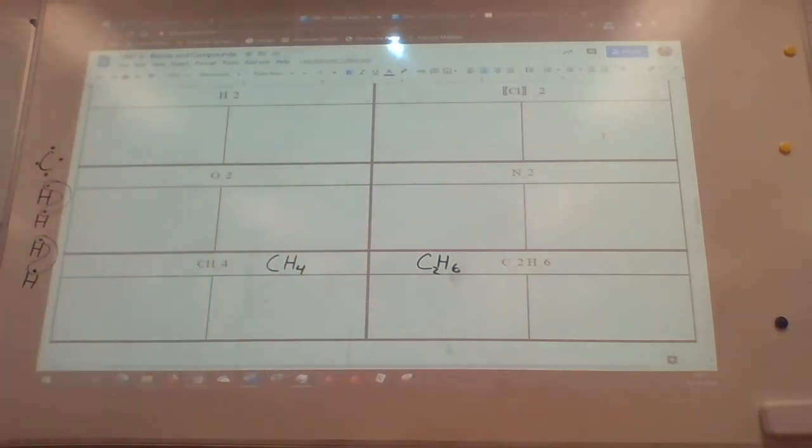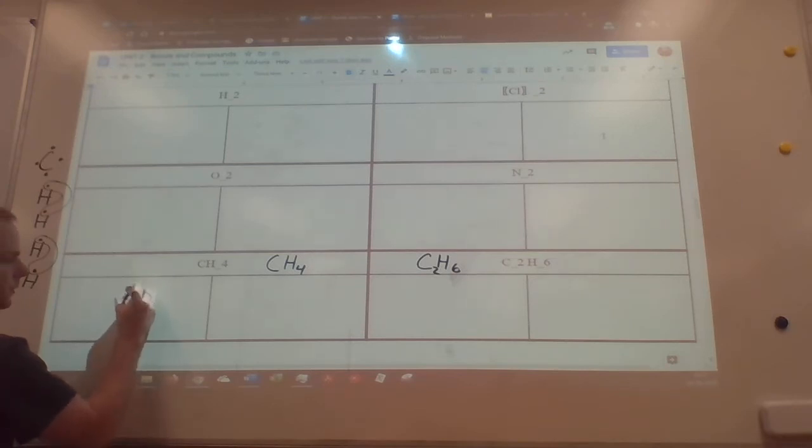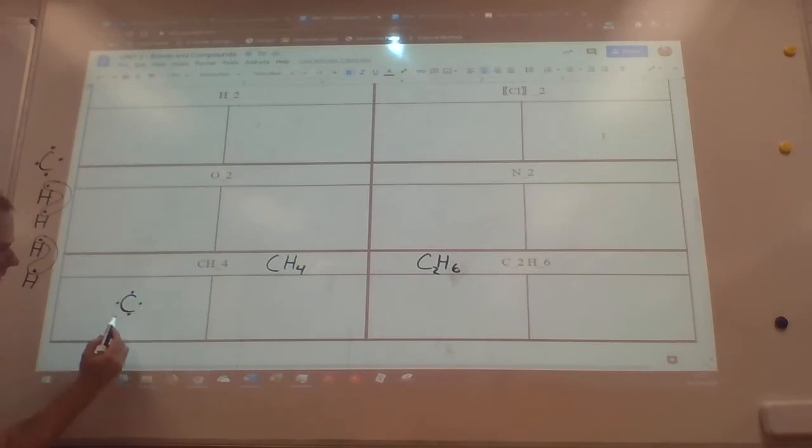Okay, so remember, first off, carbon is going to go in the middle. So let's put carbon in the middle of our structure. Now, how many bonds does carbon need to make? Well, it needs to make 4. Well, how convenient that we have 4 hydrogens that can only make a single bond.